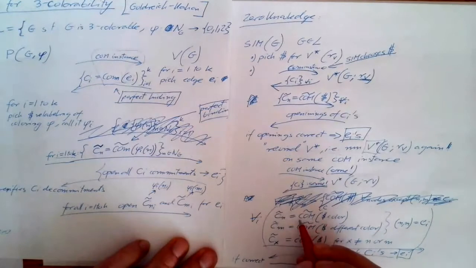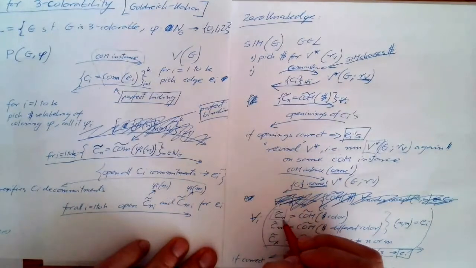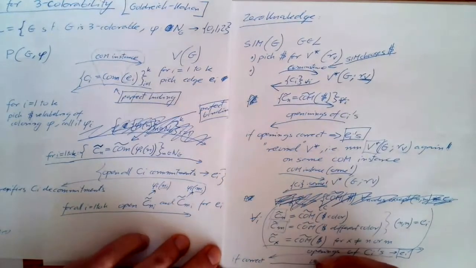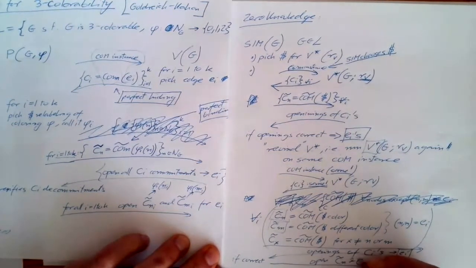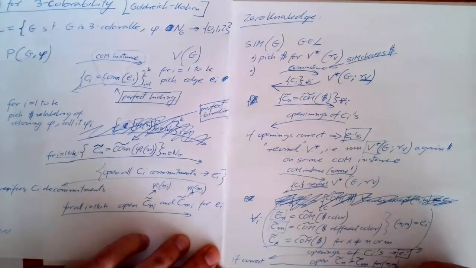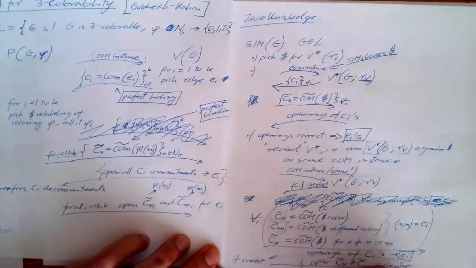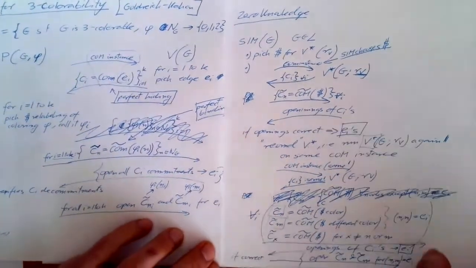So we will only need to open these 2 commitments: open C_n and C hat m for nm equal E_i, and do that for all i.